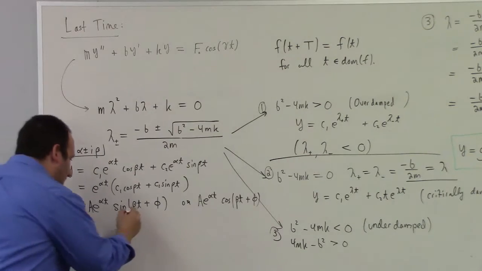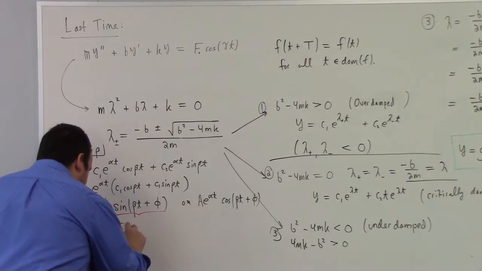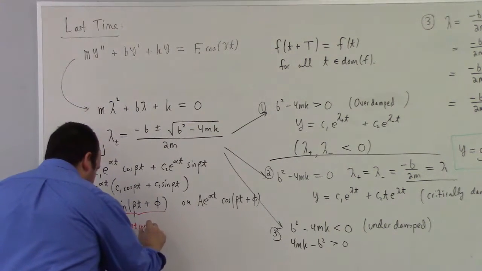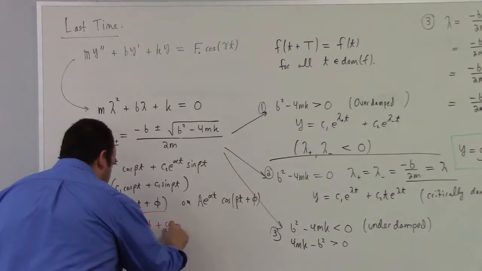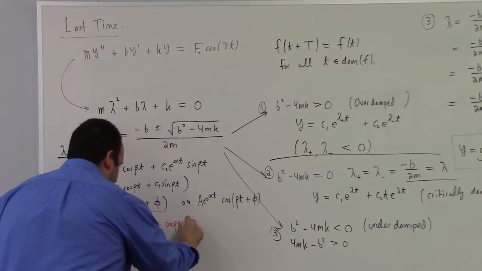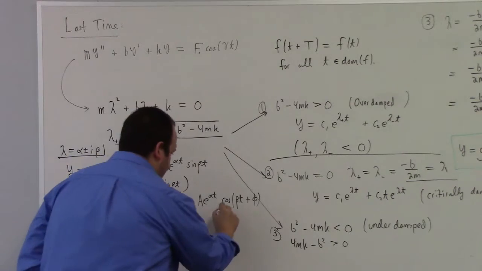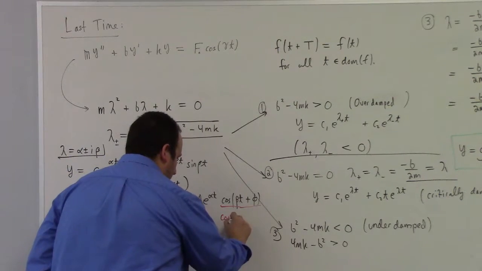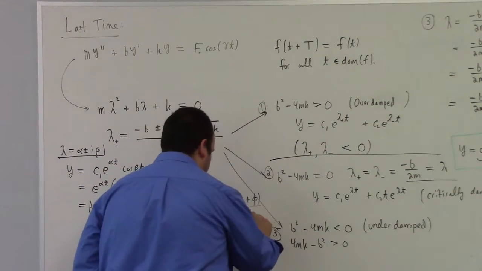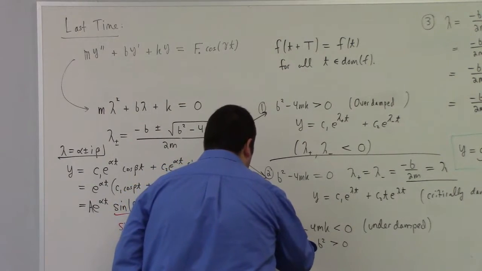Well, anyway. This is sine beta t cosine phi plus cosine beta t sine phi, right? This over here, cosine beta t cosine phi minus sine beta t sine phi.